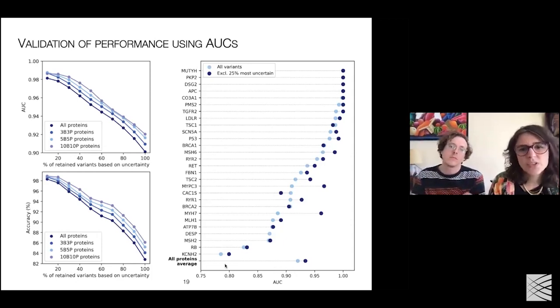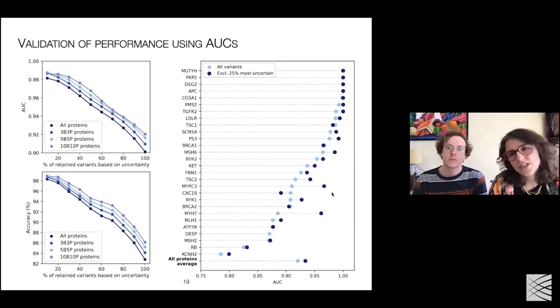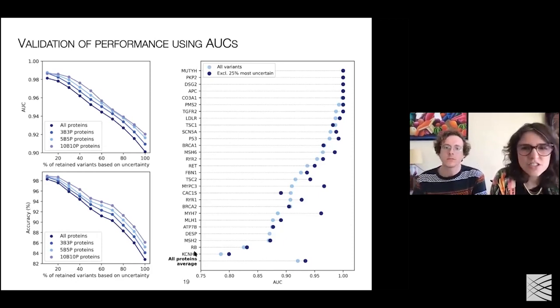So here in this plot, we show a subset of proteins. These are genes that are called actionable genes by the ACMG. They are particularly clinically interesting genes because ACMG recommends their variants to be reported, as variants in these genes might be associated with disease for which there are clinical actions that you can take.